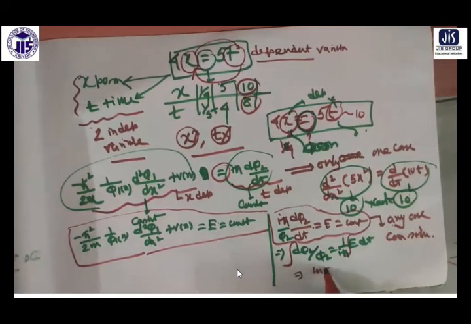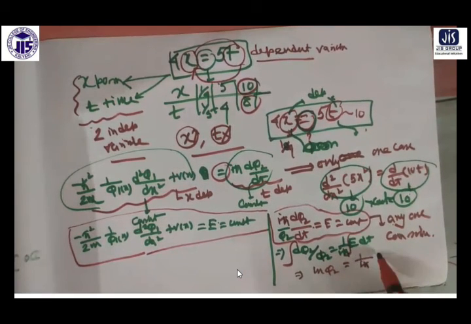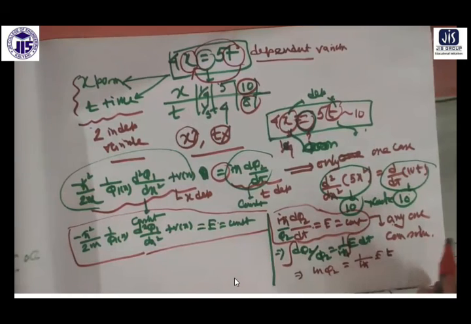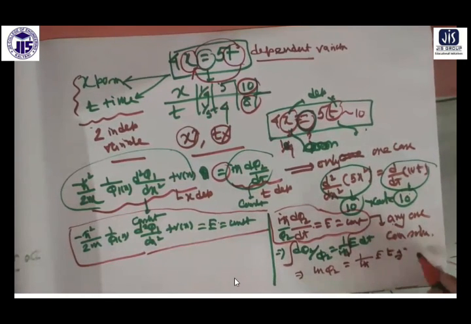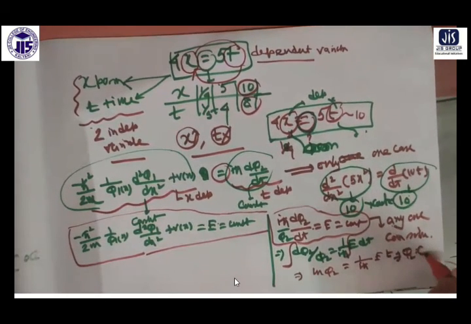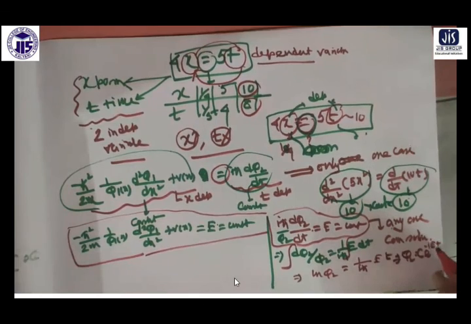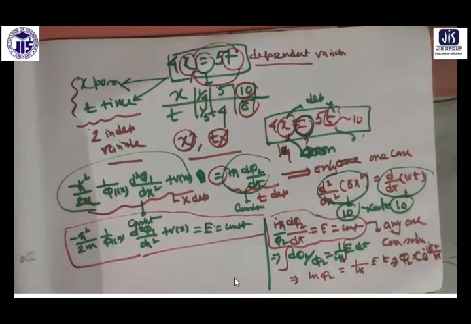It will be log φ2 equals (1 by iℏ) Et. So from here, we can get φ2 is equal to some constant C to the power minus iEt by ℏ. So that is not a problem.